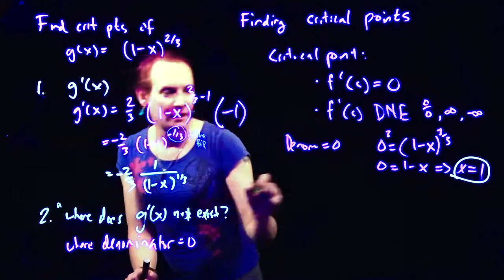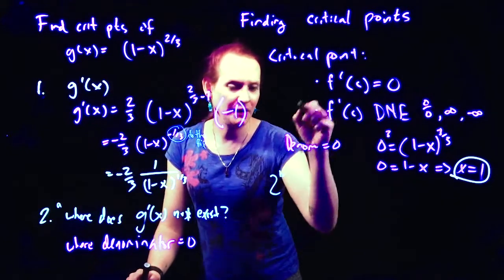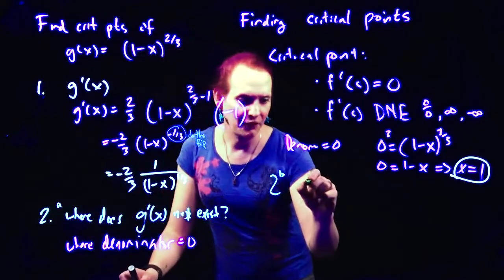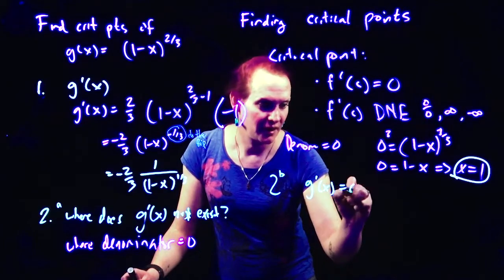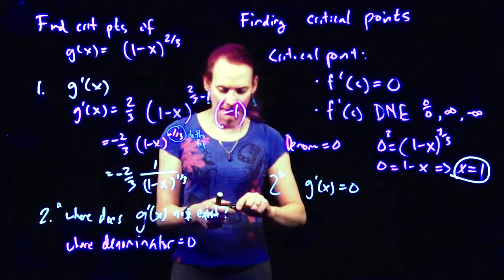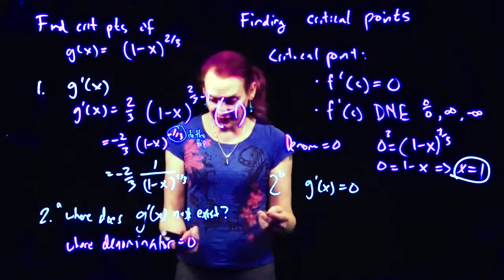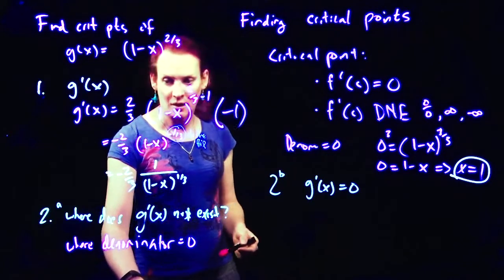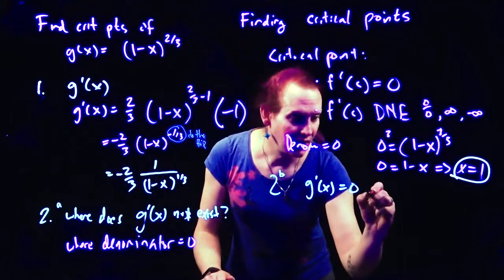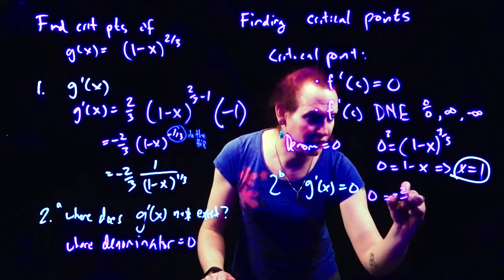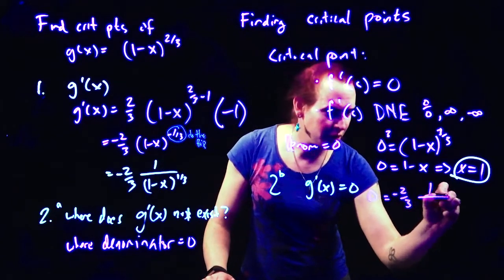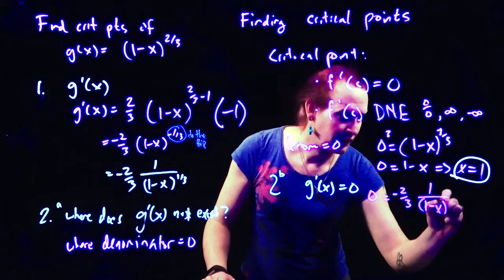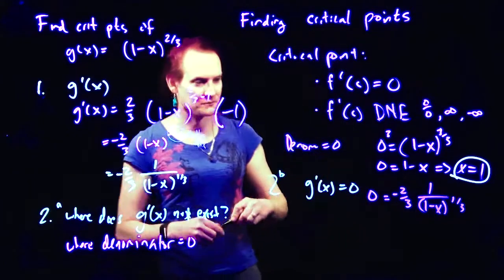So that's part A. So part 2B, the second part is where is g prime of x equal to 0? And so I'm literally just going to set it equal to 0 and then solve. So I'm going to say 0 equals minus 2/3 times 1 over 1 minus x to the 1/3.